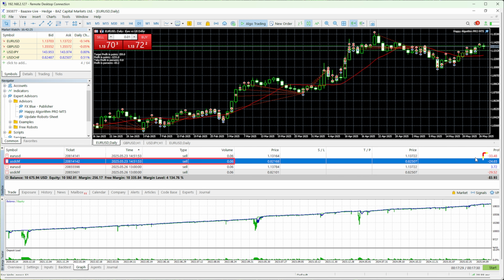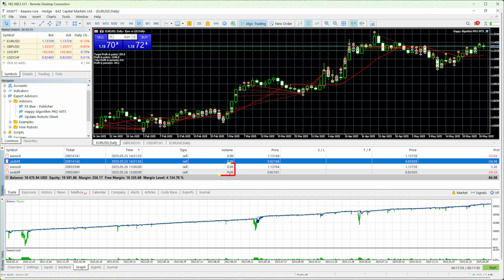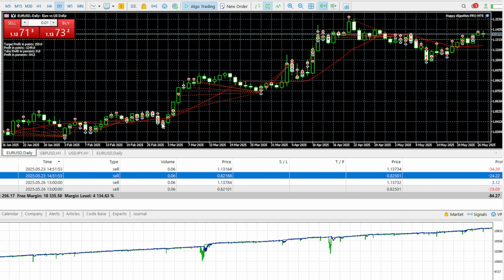Those are on a loss, and the expert advisor adds another 2 short trades, but it's not increasing the lot. It keeps trading with 0.06 for both of the currency pairs. And on the chart, you can notice how it goes. For example, right at the beginning of March, it opened those short trades, and all of those closed right in here.